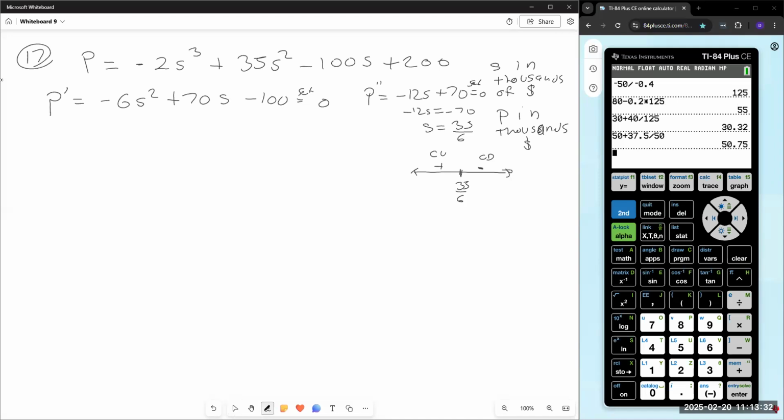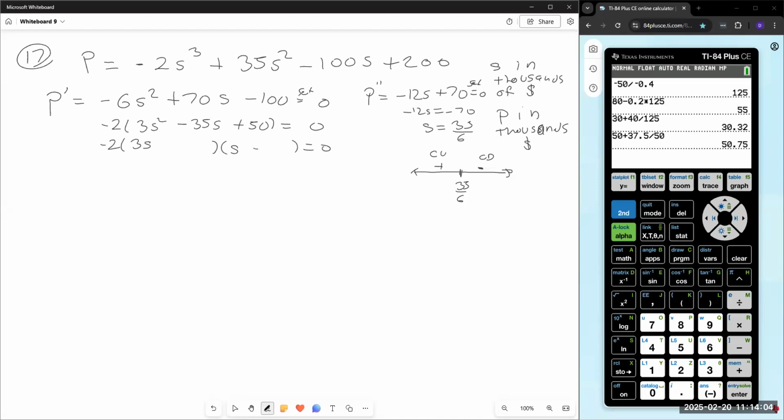So when we set P prime equal to 0, we're going to want to factor out a negative 2. 3s squared minus 35s plus 50 is equal to 0. Negative 2 times, and in parentheses here, needs to be a 3s and an s. They need to break 50 down into its factors so that when I multiply, I get 35.